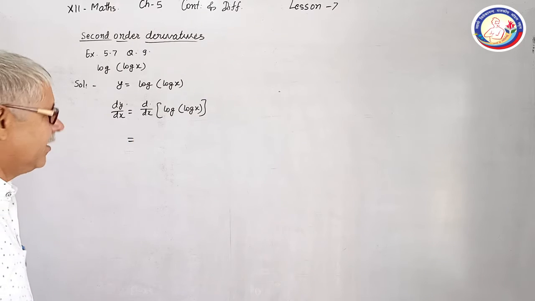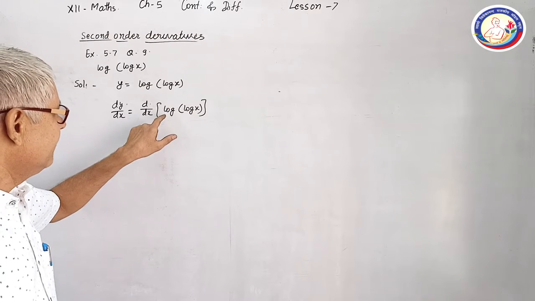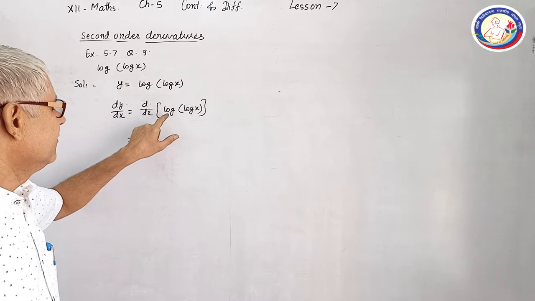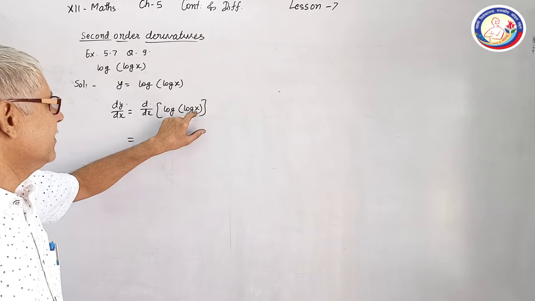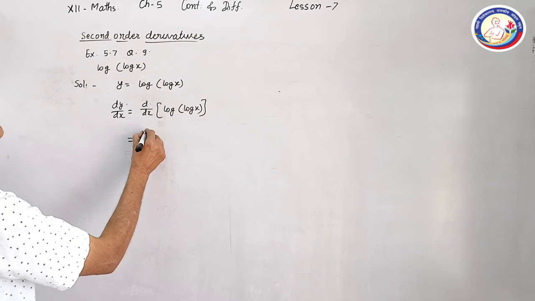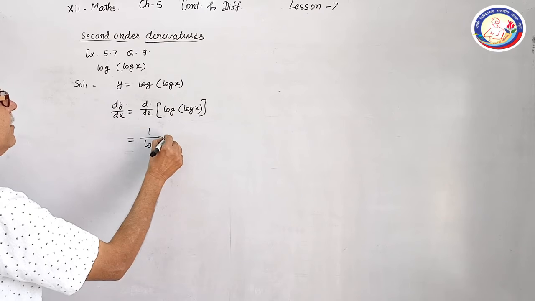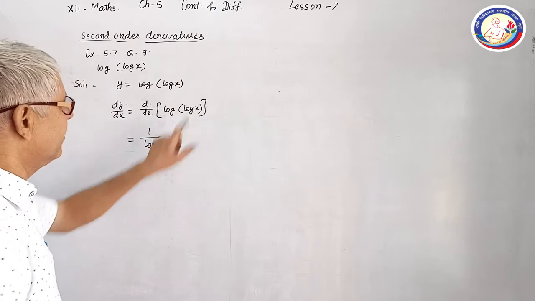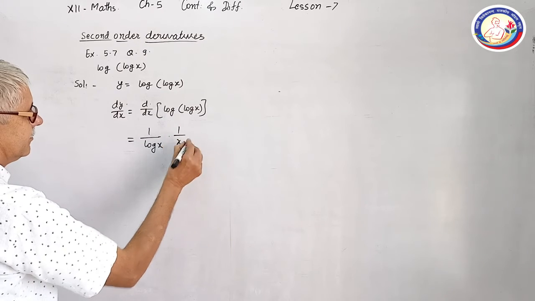First I am finding derivative of log of log x with respect to log x, that will be 1 upon log x. And then derivative of log x, it is 1 by x.